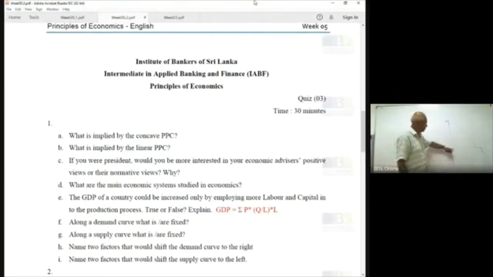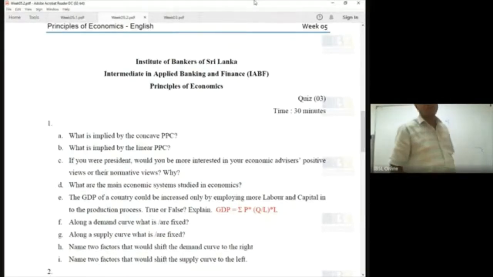Generally, the production possibility curve is concave to the origin. This is the origin. Different shapes can be there. It could be linear, a straight line PPC.